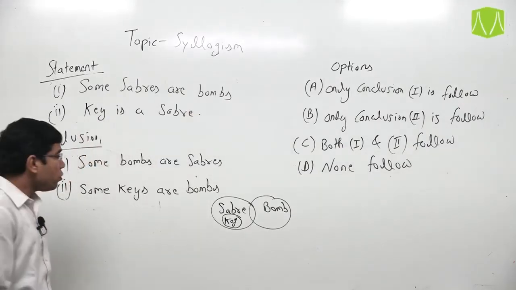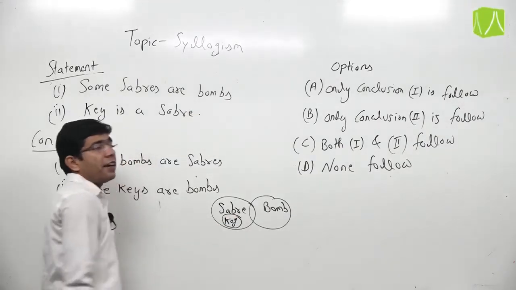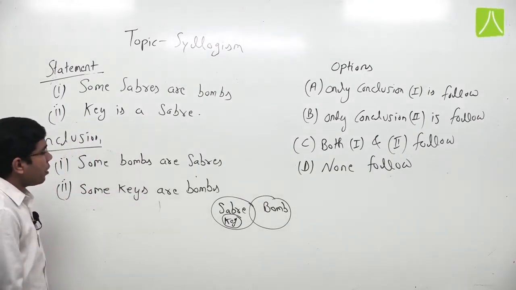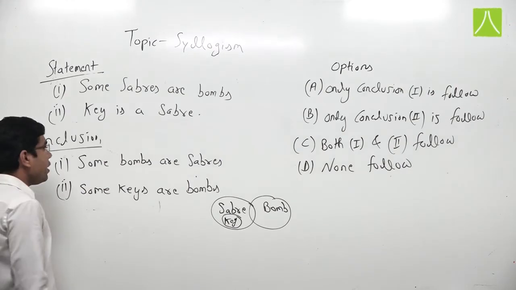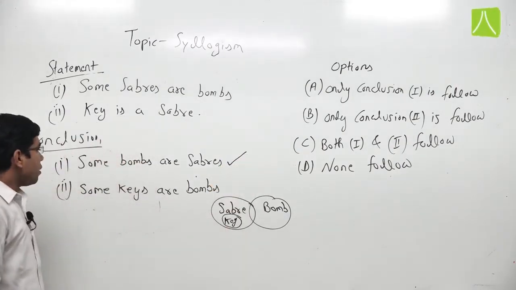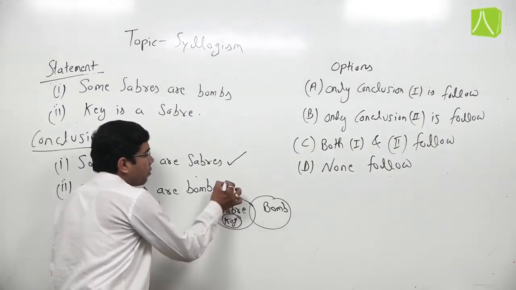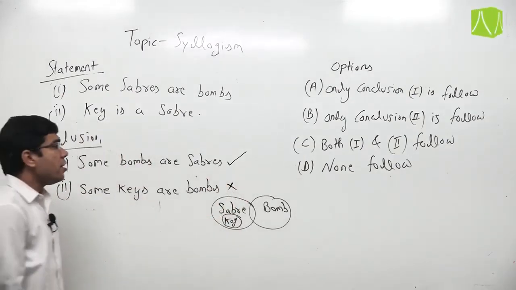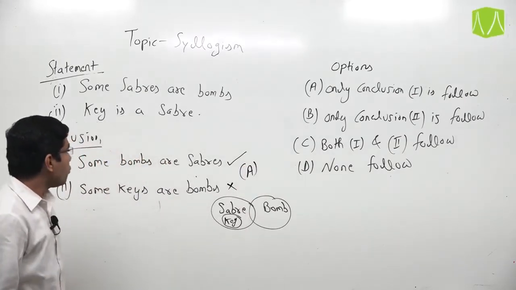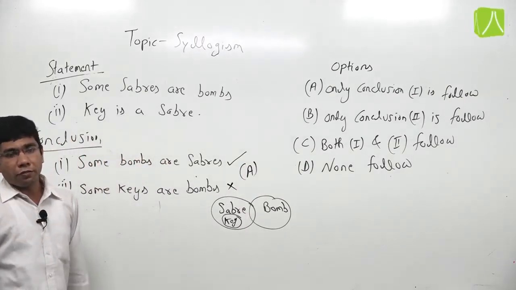So we cannot draw a relation between key and bomb in the diagram also. Now both conclusions are positive, so we can conclude this only by the basic diagram. Some bombs are sabers is correct. Some keys are bombs: keys and bombs are not connected, so the second conclusion is wrong. So for this question our answer should be option A, conclusion 1 follows.